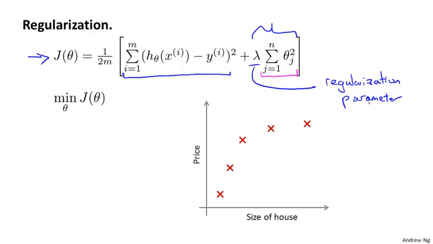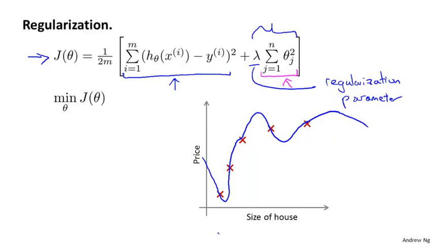What lambda, the regularization parameter, does is it controls the trade-off between these two goals: fitting the training set well and keeping the parameters small, and therefore keeping the hypothesis relatively simple to avoid overfitting. For our housing price prediction example, whereas previously if we had fit a very high order polynomial, we may have wound up with a very wiggly or curvy function like this.